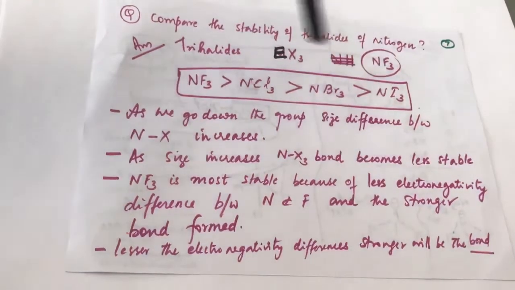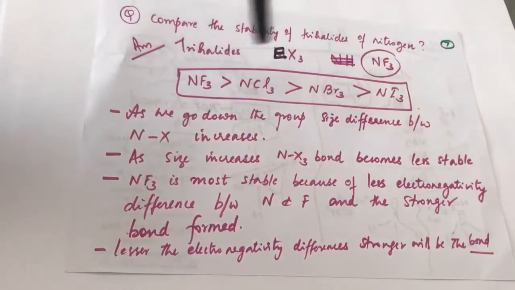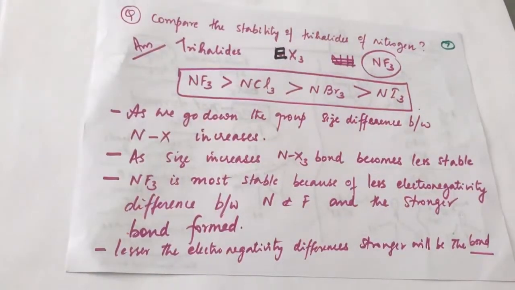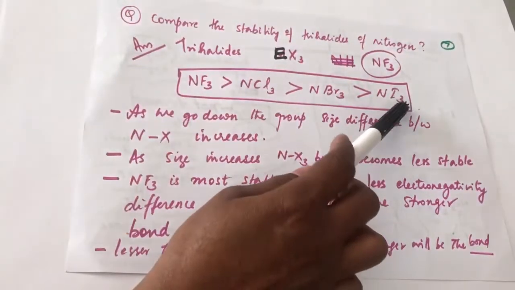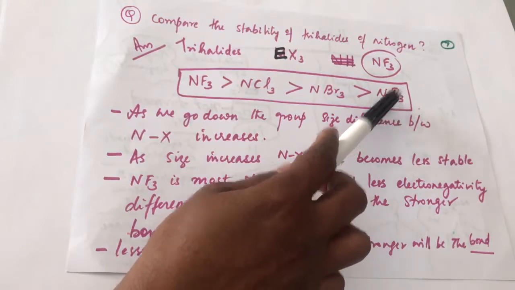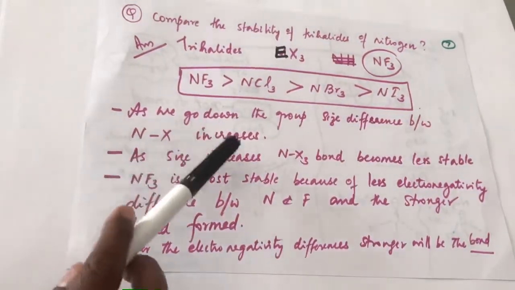It's a small atom. But here you see this is F3, then chlorine, then bromine, iodine. When it comes to iodine, it's a very big atom, so NI3 becomes a very big molecule because of the size of the iodine atom. Understood? So as you go down the group, the size difference between N and X increases.